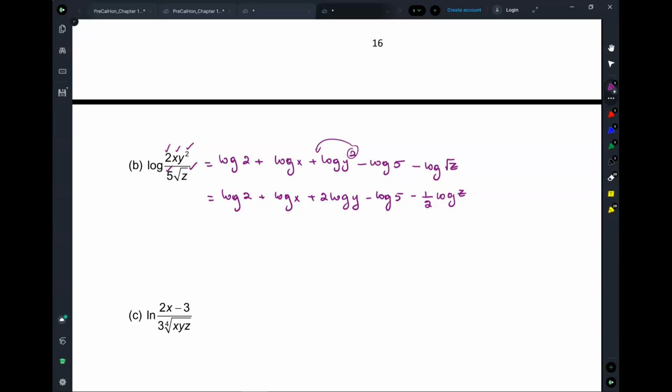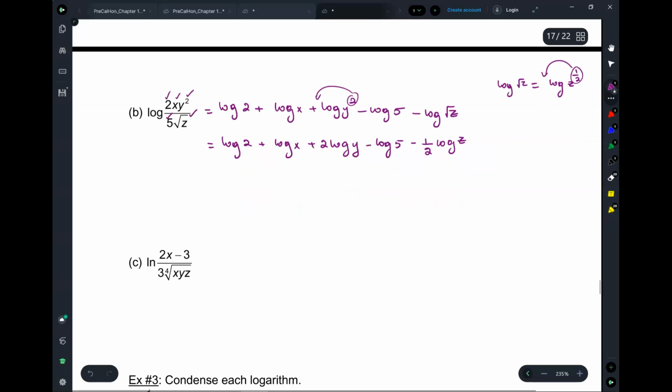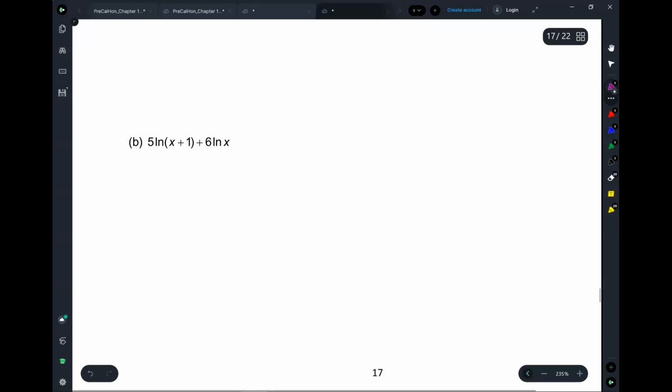This needs to come down, and that needs to be a root turned into an exponent, and then come down as a coefficient. Why is it half? Because it's root z, which is z to the half. So log root z is log z to the half, and then that half comes down.